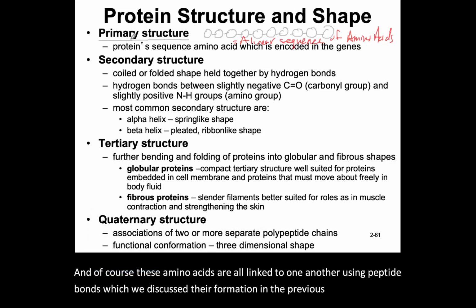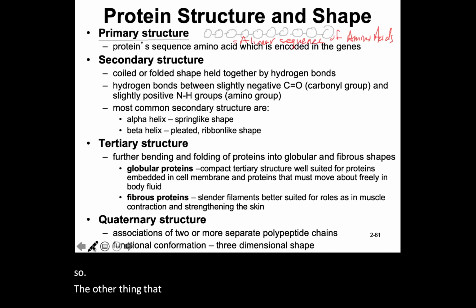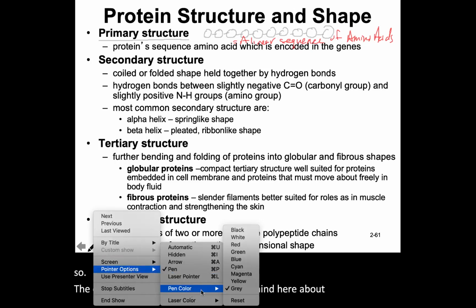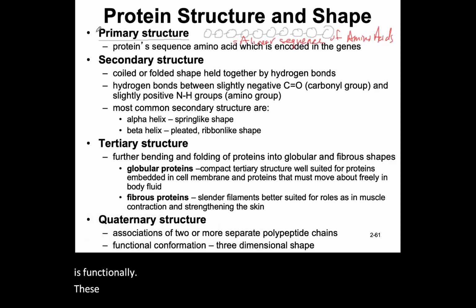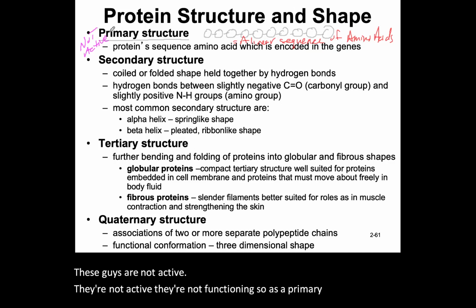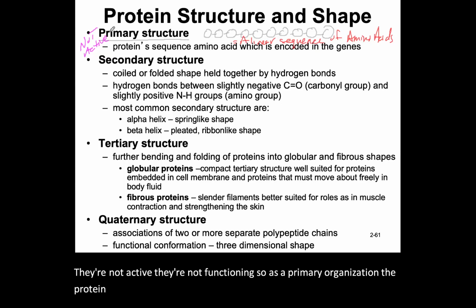So the other thing that you need to keep in mind here about primary proteins is functionally, these guys are not active. They're not functioning. So as a primary organization, the protein really doesn't do anything. It's a storage bin of information at this point in time.